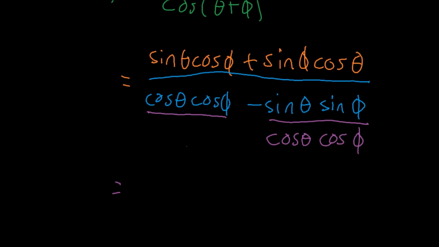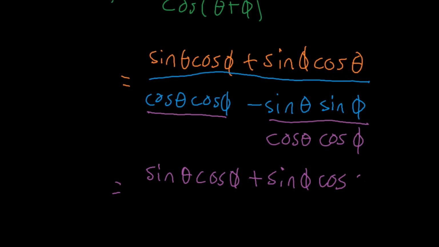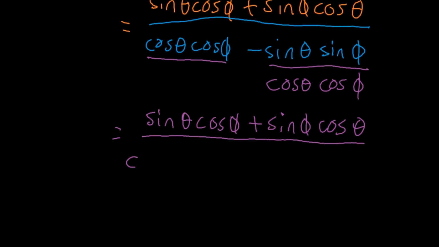So let's go ahead and do this. Keep our sine the same for now, plus sine phi cos theta, all divided by cos theta cos phi, factored out, so we left a 1 here, minus, and as we discussed before, the sine theta sine phi, divided by cos theta cos phi.